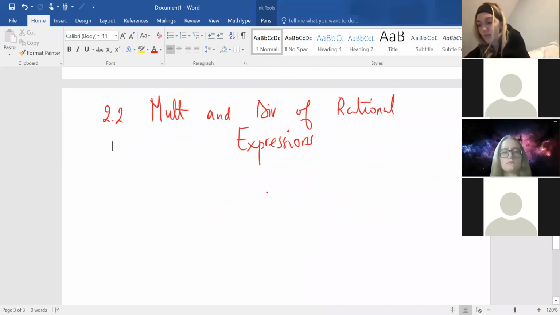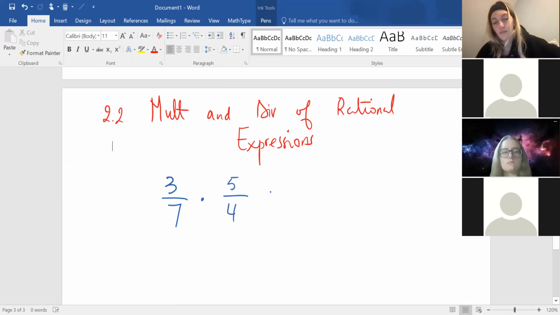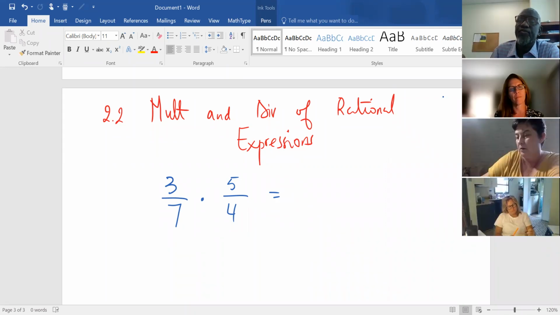When you multiply fractions, do you remember what we used to do? If you have 3/7 multiplied by 5/4, how did we do that? Cross multiply? This is even too much. We multiply right across. We multiply the numerator by the numerator, and the denominator by the denominator.